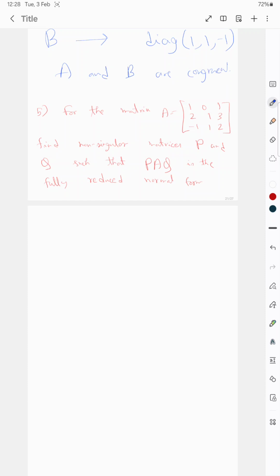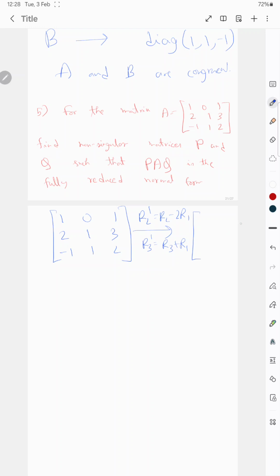Okay, so what you have, 1 0 1 2 1 3 minus 1 1 2. Okay, so then apply this type of transformation. R2 dash will be R2 minus 2 R1, R3 dash will be R3 plus R1.